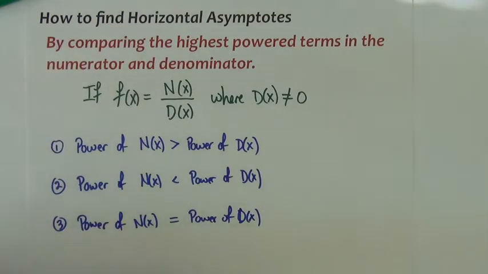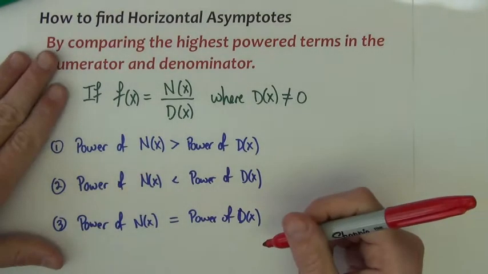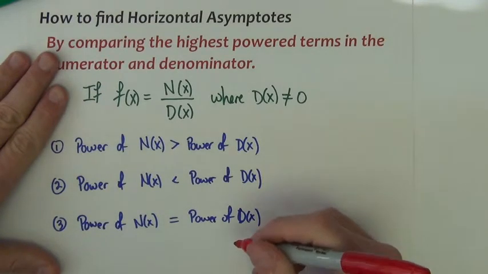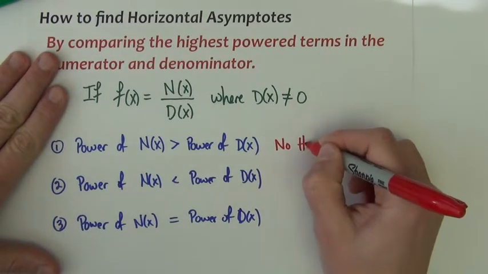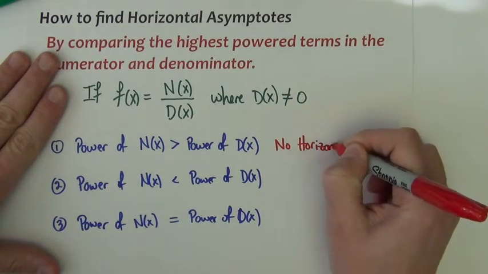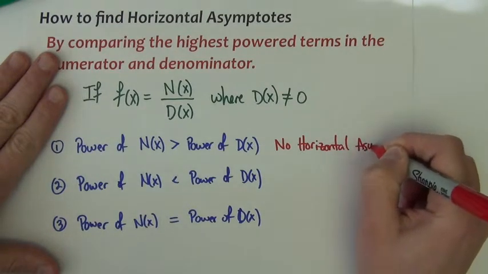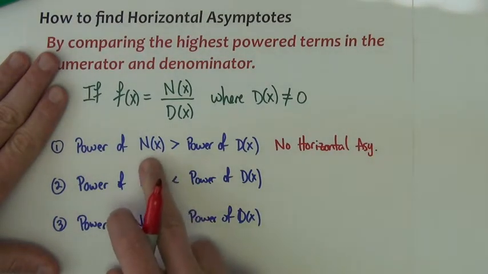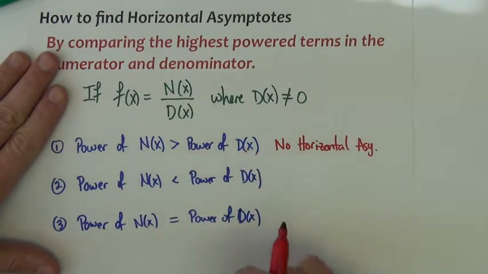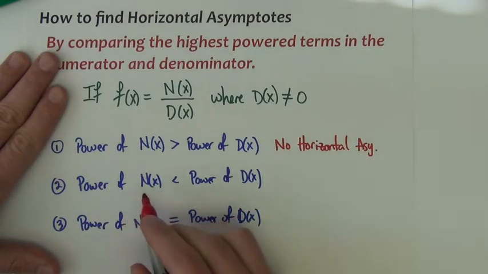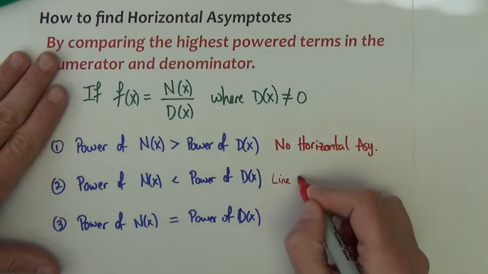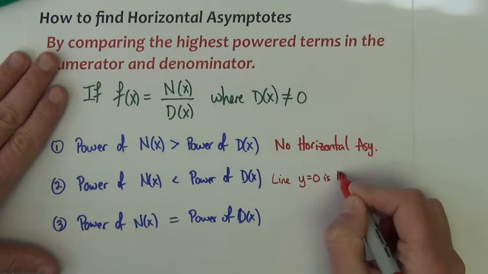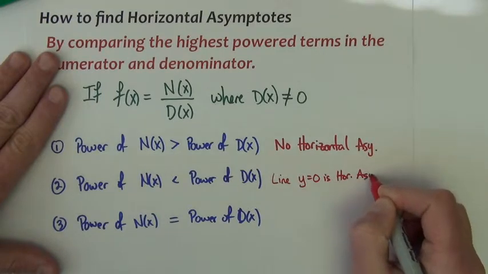So, what does this tell us about the horizontal asymptote of the particular function you're trying to graph? Well, in the first case, there's no horizontal asymptote. Simple enough. Power of x on top is bigger than power of x on bottom. There's none. Okay, there's none every time. If the power of x on top is smaller than that on bottom, then the line y equals 0 is the horizontal asymptote.